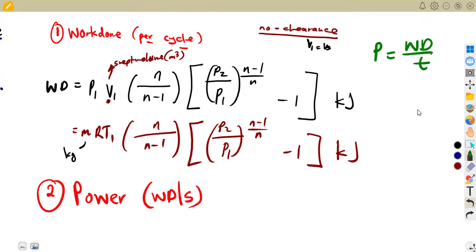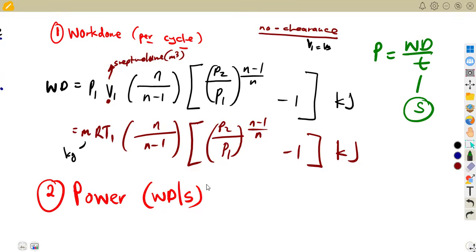The time was measured in seconds. So the moment you have work done over seconds, per second, guys, everything changes. It's now power. So it's no longer kilojoules per cycle.